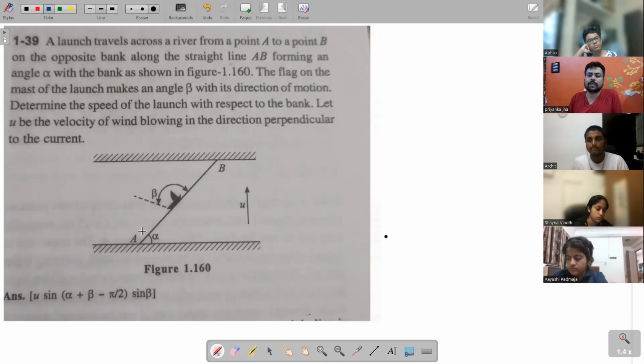So launch is going. Suppose some moving object. Launch is some moving object. From A to B, it will travel.